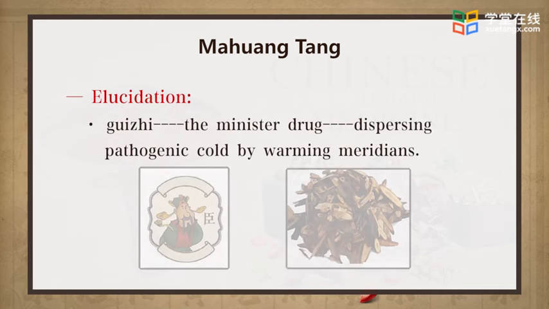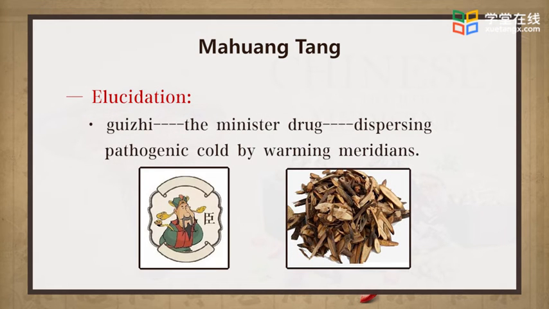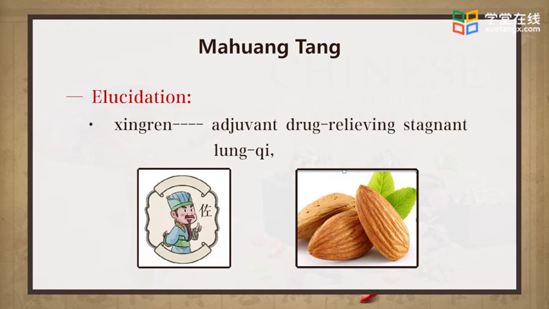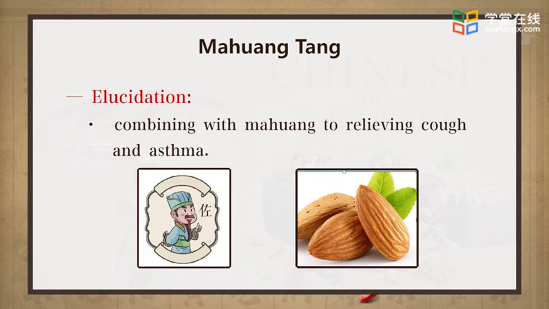Ingredient 桂枝, as the minister drug, is capable of dispersing pathogenic cold by warming the meridians. 杏仁 is capable of relieving stagnant lung qi, serving as adjuvant drug to enhance the effect of relieving cough and asthma by combining with 麻黄.